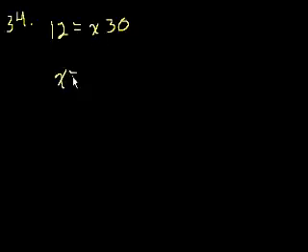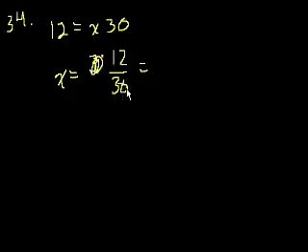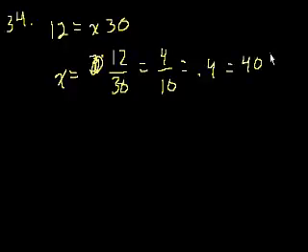So x is equal to 12 over 30, which is the same thing as 4 over 10, which equals 0.4. And if you wanted to write a decimal as a percent, you just multiply by 100. That is equal to 40%. And that is choice D.